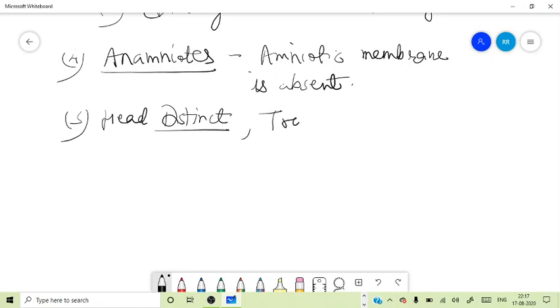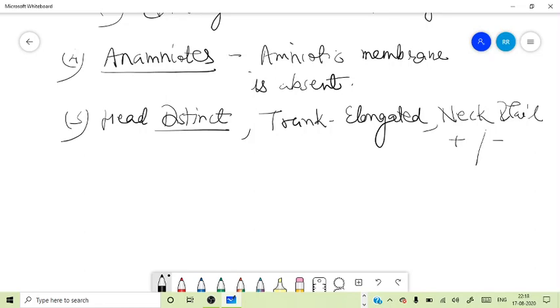Then the trunk is elongated, and neck and tail may be present or absent. So neck or tail may be present or absent, but the important character is that the head is distinct and the trunk is elongated.